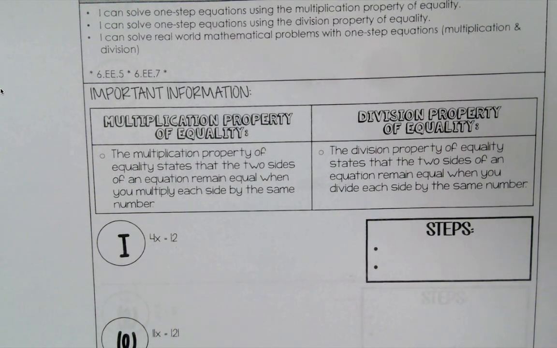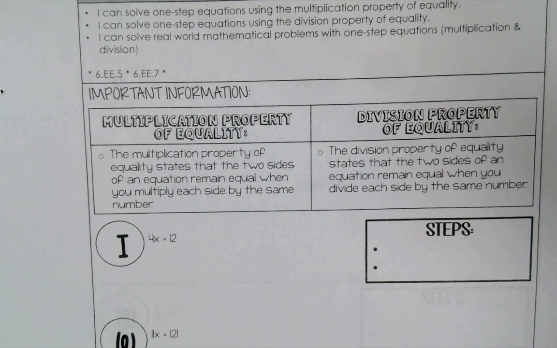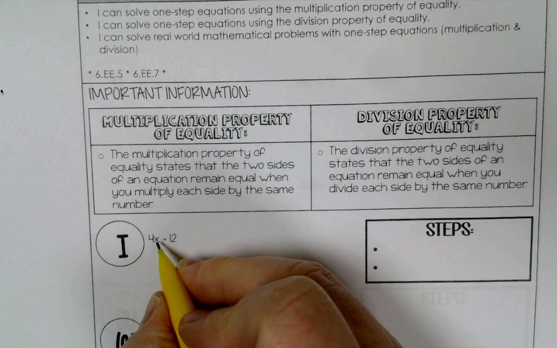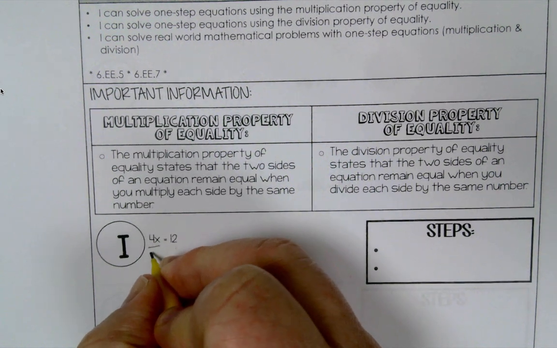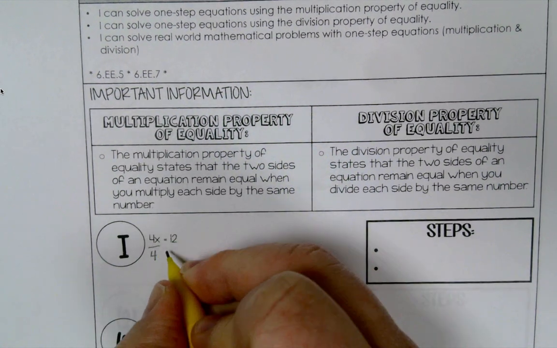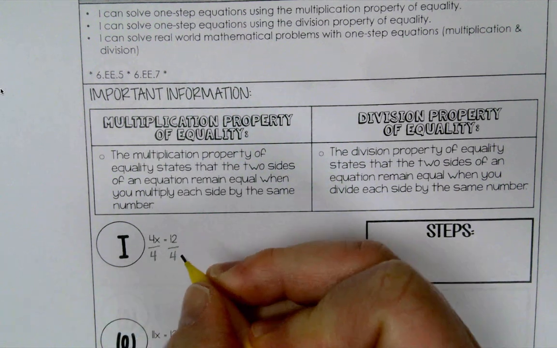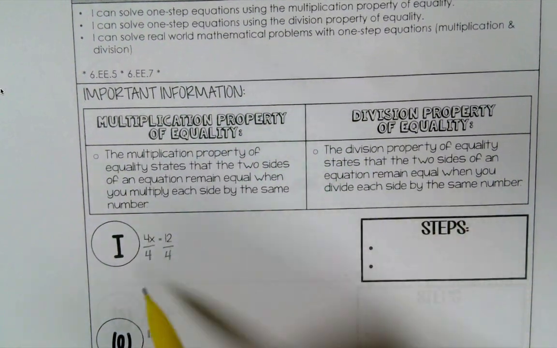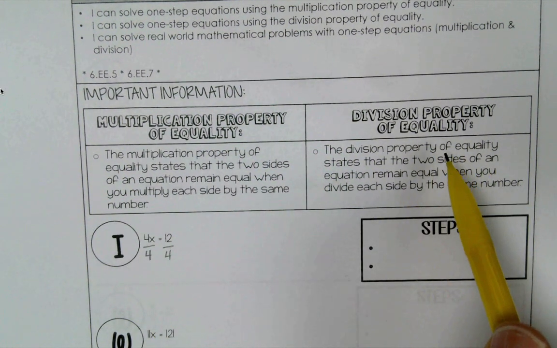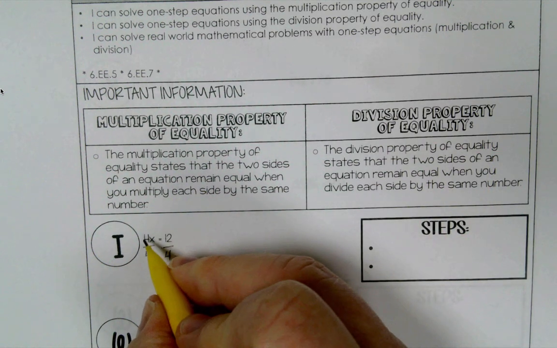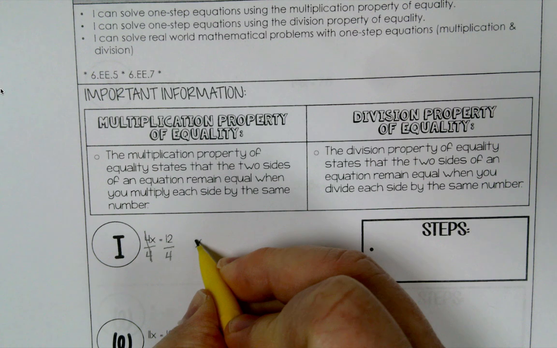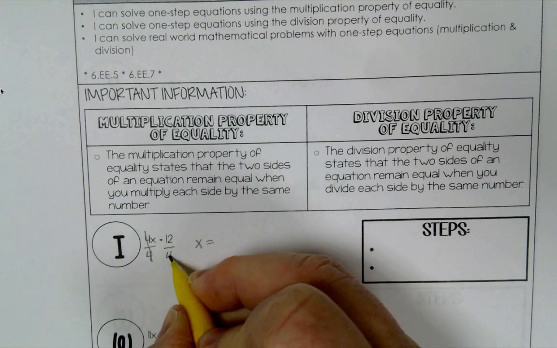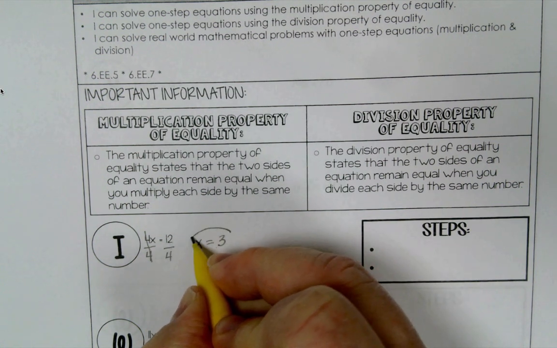So I need to perform the inverse operation of multiplication to solve for x, to isolate my variable. So I'm going to divide both sides by 4 to apply my division property of equality here. 4 divided by 4 is 1, so I can cross those out. And x equals 12 divided by 4, which is 3.